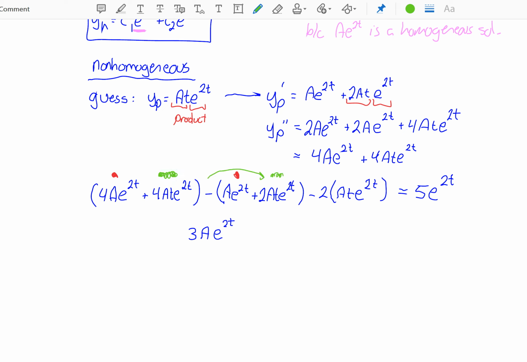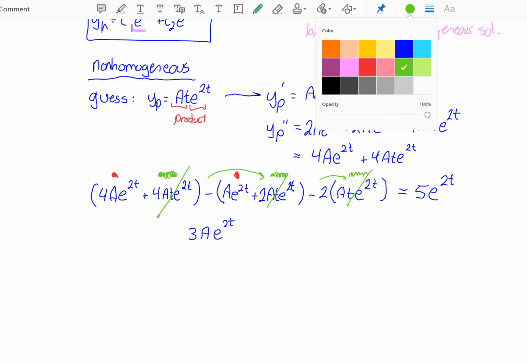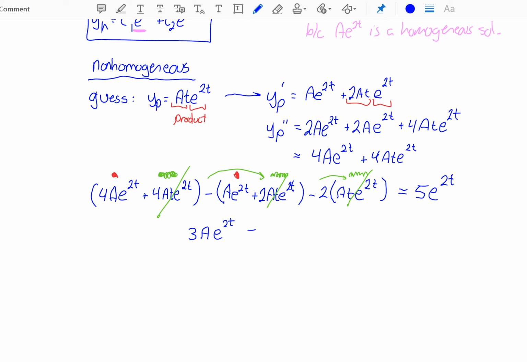This would be another minus 2at e to the 2t. And here's another minus 2a e to the 2t. So I think you have 4 minus 2 minus 2. I think these all cancel. This leads us to 3a e to the 2t has to equal 5e to the 2t, or that 3a has to equal 5, which tells us a has to be 5/3.